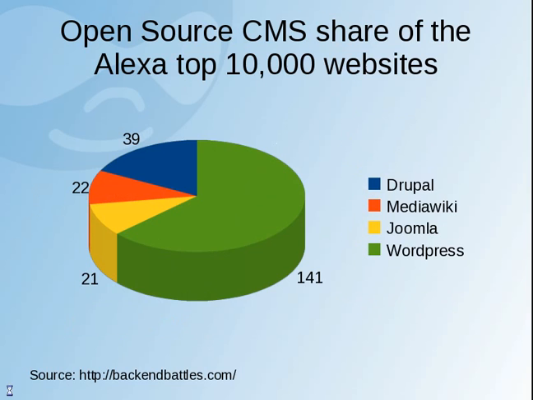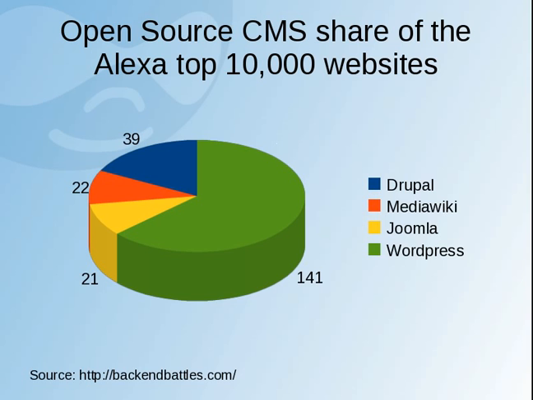So Drupal is pretty widely used, and its adoption rate is at least comparable to the other big open source content management systems. There's a site called backendbattles.com that crawls the Alexa top 10,000 websites and tries to detect which content management system they're using.